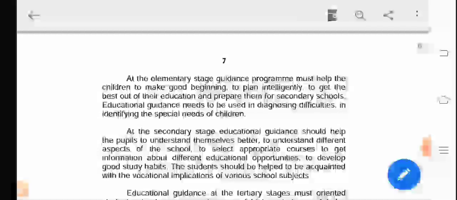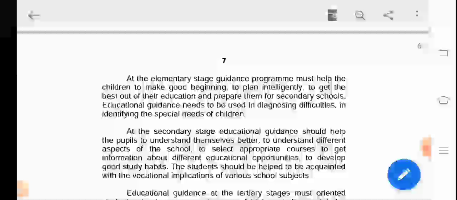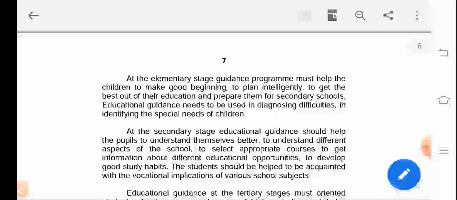When we are going through the various stages of education, at the elementary stage, these guidance programs must help the individuals to make a good beginning, to plan intelligently, to get the best out of the school education and prepare them for secondary education.